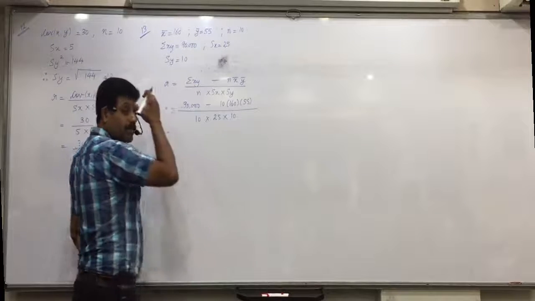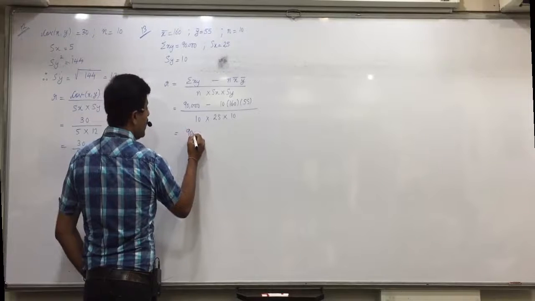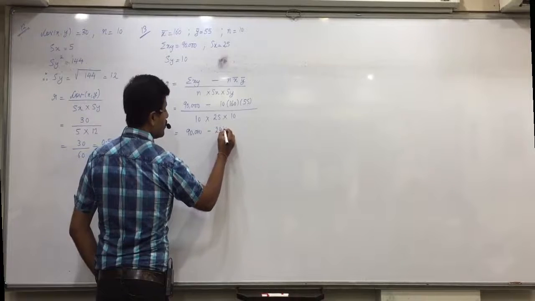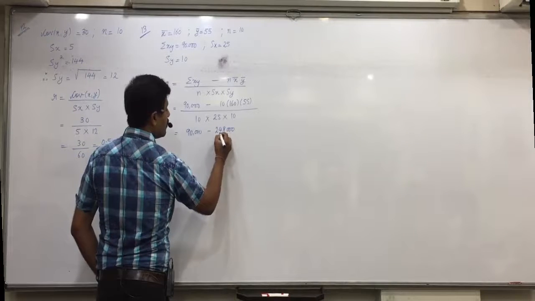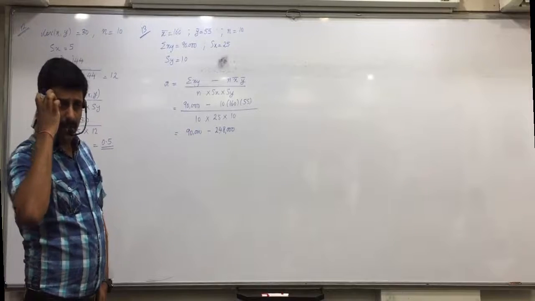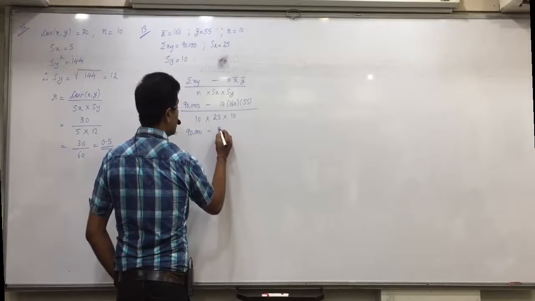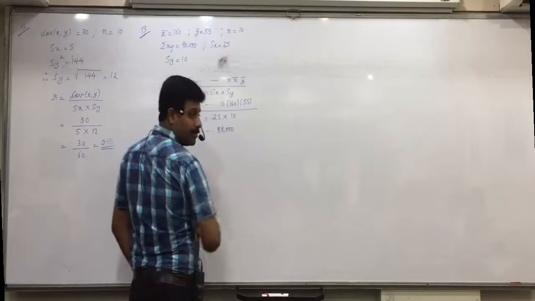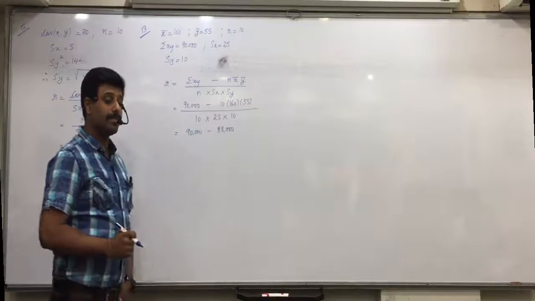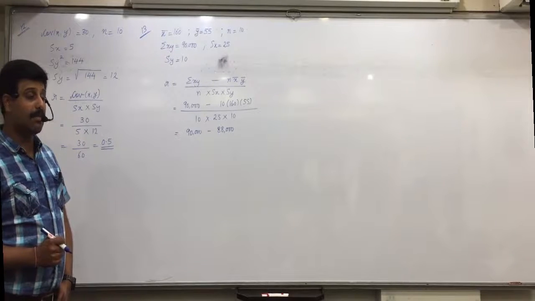Rushil, further. 90,000 minus 10 into 160 into 55 is 248,000? How much? Do it again. 10 multiplied by 160 multiplied by 55.